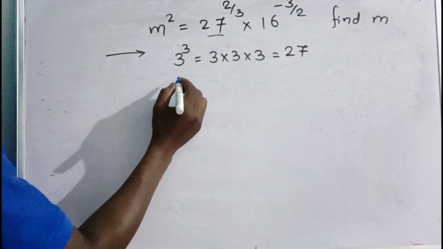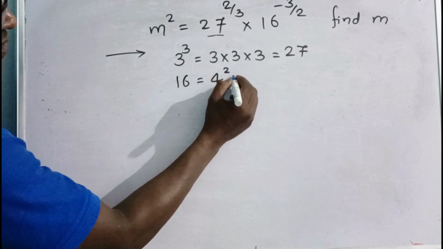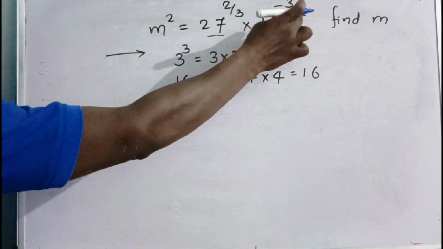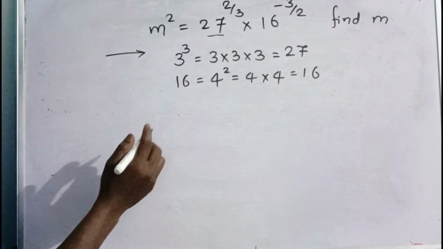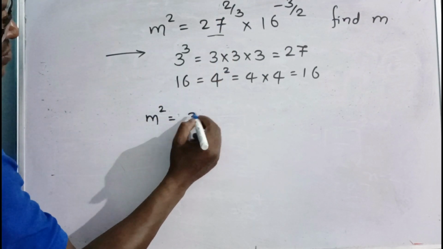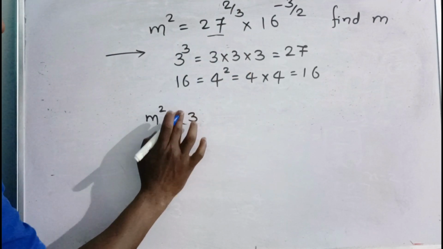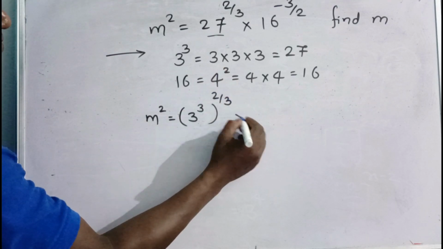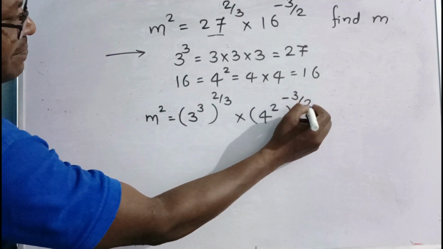Now 16 is equal to 4 square, 4 into 4 is equal to 16. ये क्यों करना है, यहाँ पर 2 माइनस 2 कैंसिल हो जाएगा ये स्क्वायर के साथ, इसलिए हमें ये करना है। m square is equal to 3 raised to the power 3 raised to the power 2 by 3 into 4 square raised to the power minus 3 by 2.